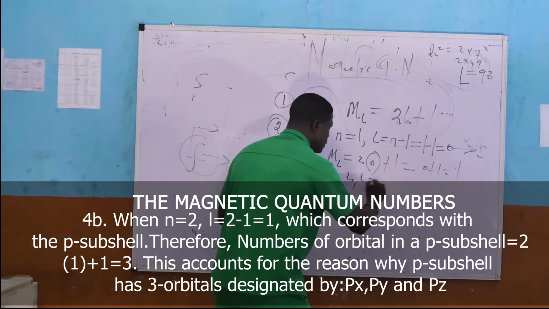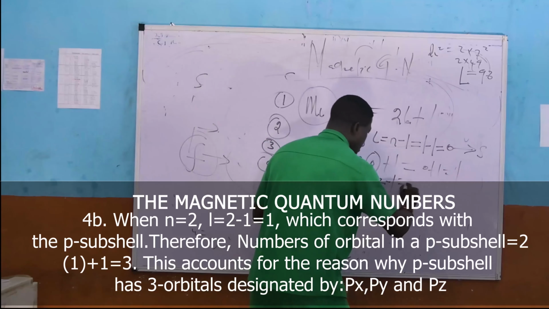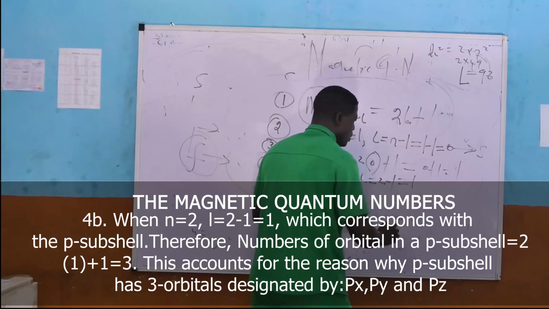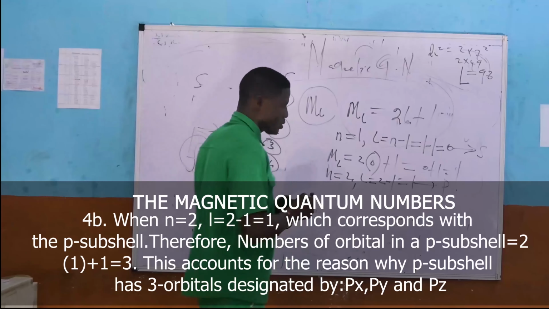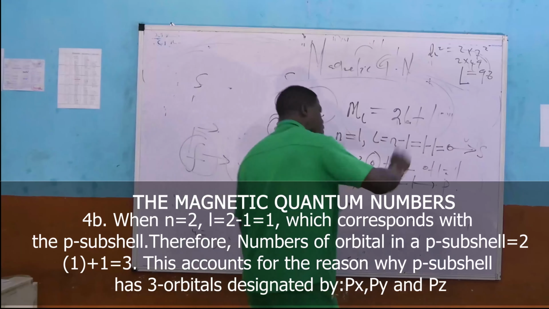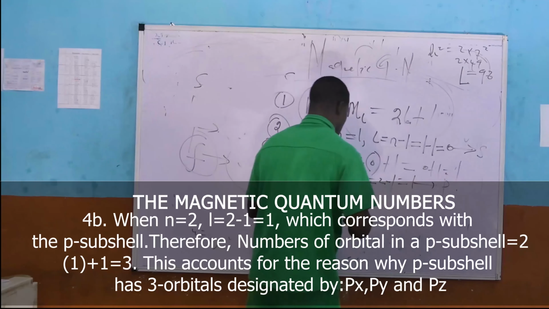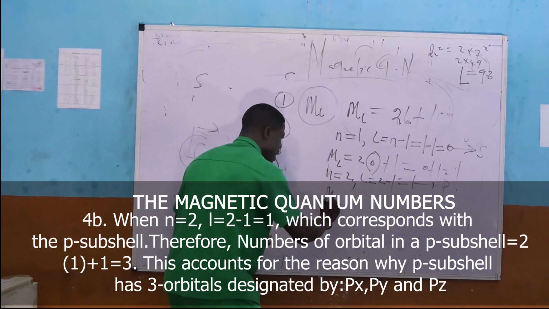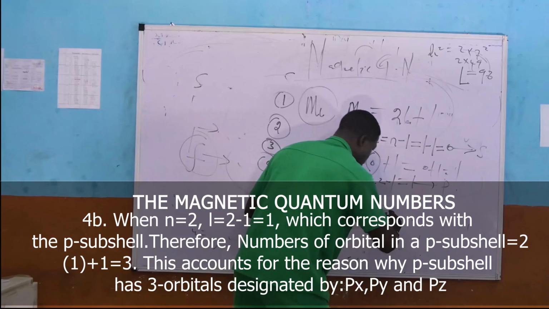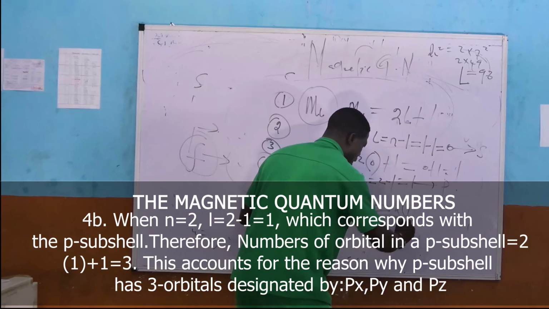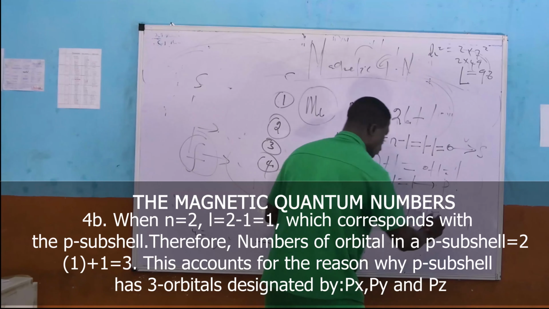And when n is equal to 2, we have l equal to 2 minus 1, and that is equal to 1, which corresponds with the subshell known as the p subshell. The question is, how many sub-subshells do you have in the p subshell? We can do that by saying m sub L is equal to 2l plus 1, and that is equal to 2 into bracket 1 plus 1, and that will produce 3.